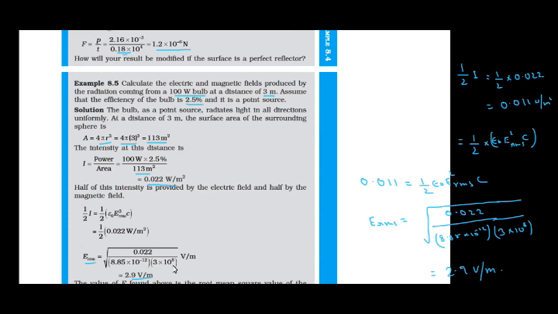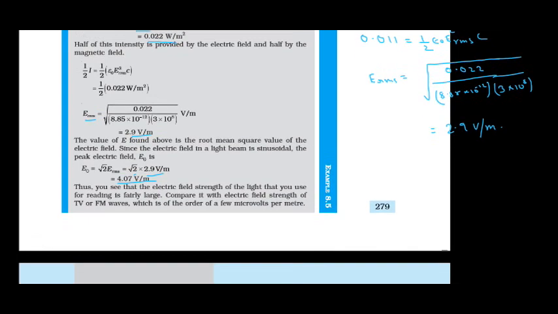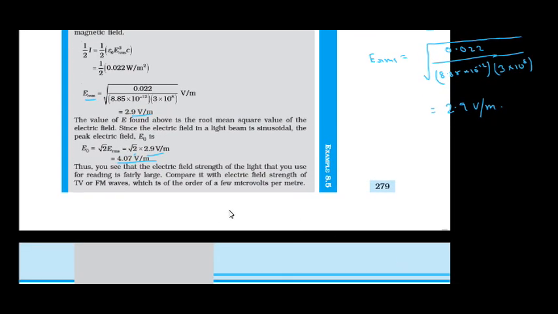Upon solving we get 2.9 volt per meter. Now if we want to find E naught, the formula is root 2 E RMS. So put the value of root 2 and E RMS, 2.9 volt per meter, and we get 4.07 volt per meter.